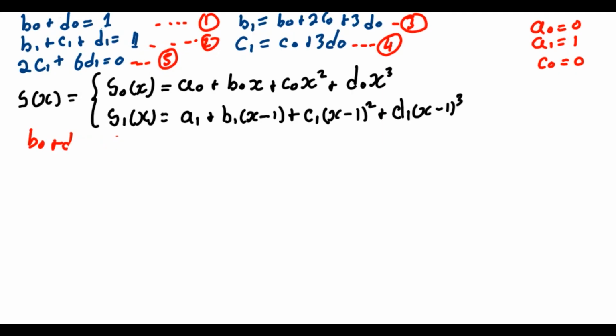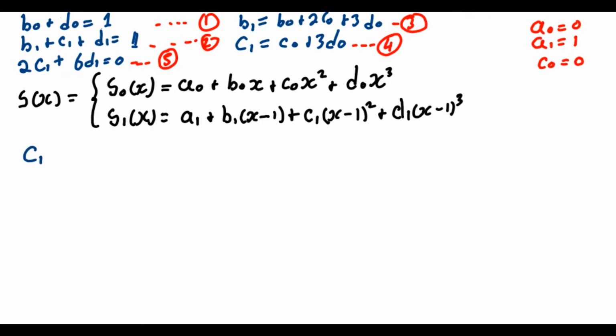Okay, so what do we do now? From here, if you look at this part, I'm able to simplify it. What I'm able to do is write this in terms of c sub 1.